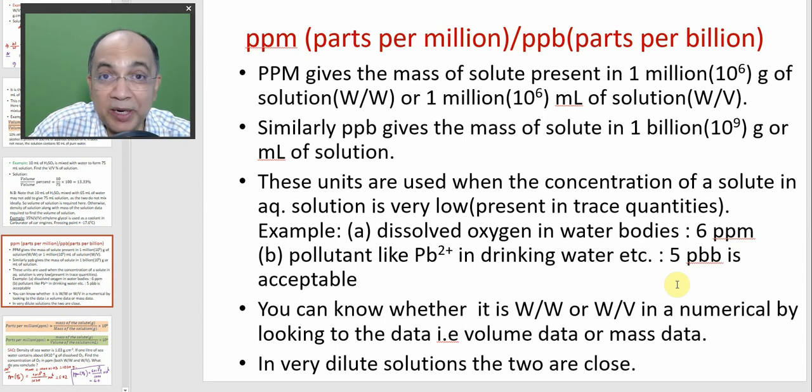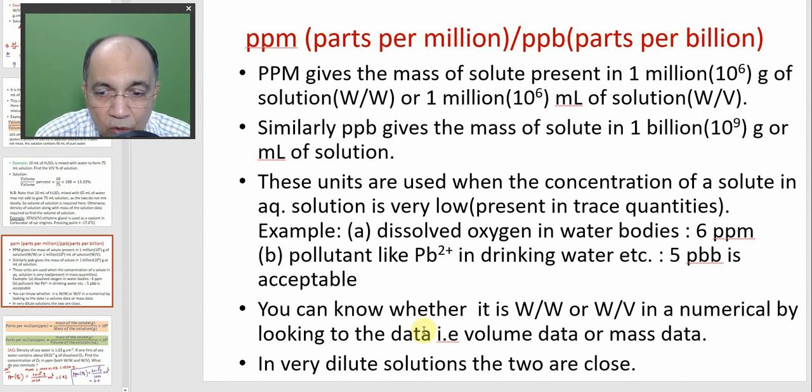So W by W ppm and W by V ppm, if you analyze seawater and try for sodium chloride, will be different. But for contaminants present in drinking water, or some dissolved gases in water, they are very, very low and can be best expressed by ppm or ppb.